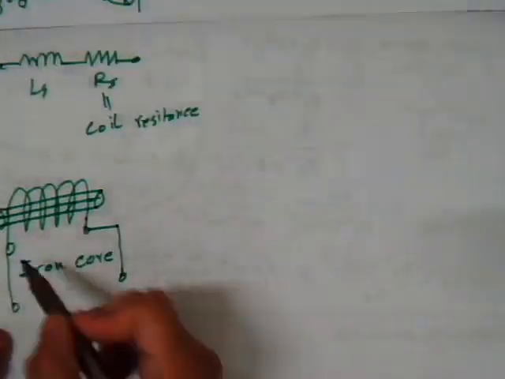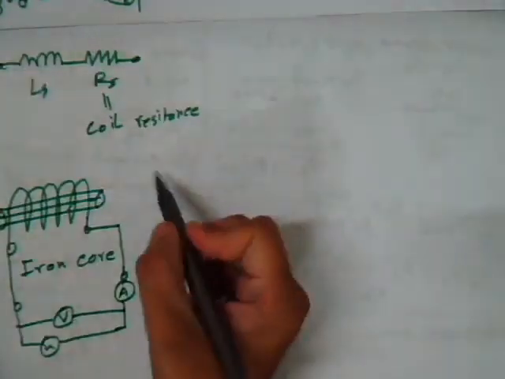But now, if I measure the voltage and the current through it, what I'll find is that this voltage and this current are not at 90-degree phase shift.